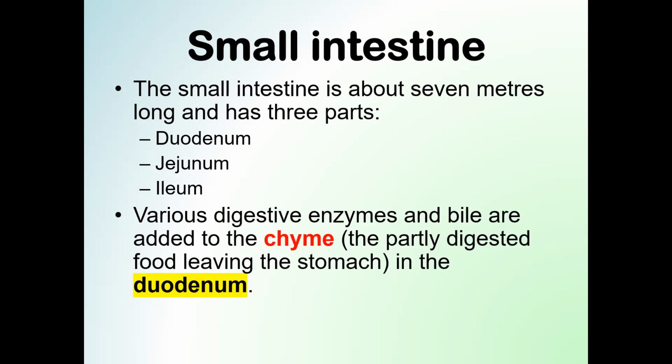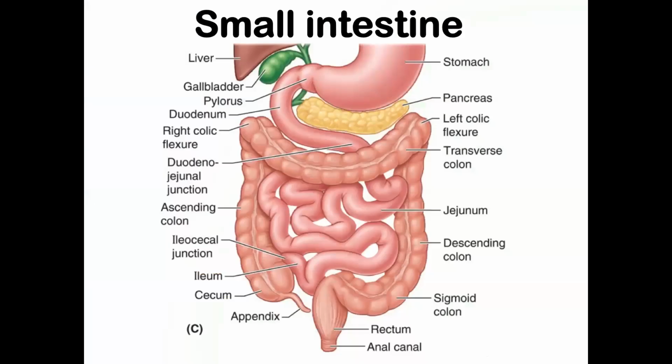So far, up to the stomach, was breaking everything down into usable sizes. So the chyme is mixed with the bile, and the bile, as I said before, breaks down fats.